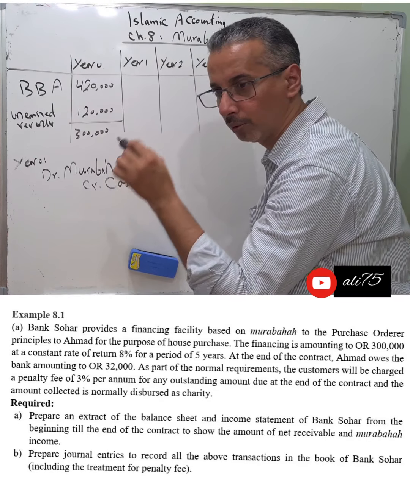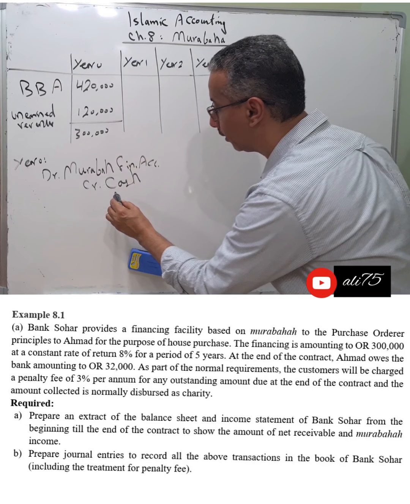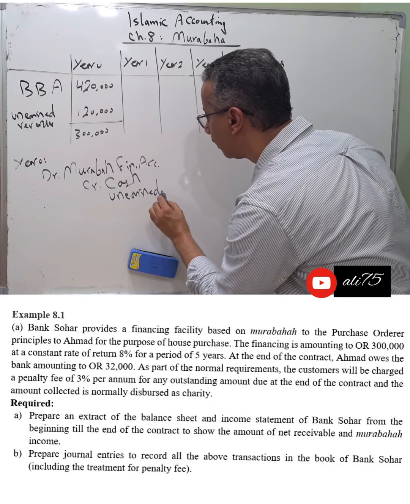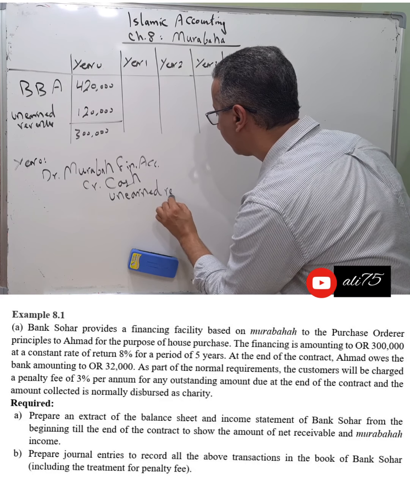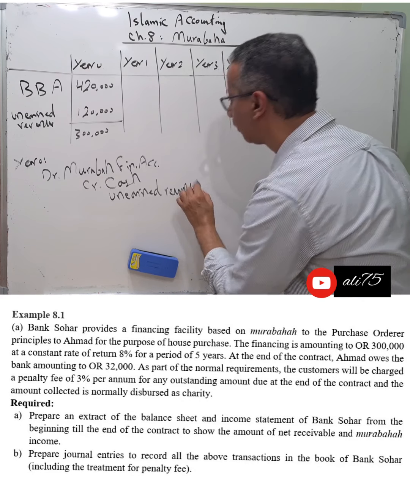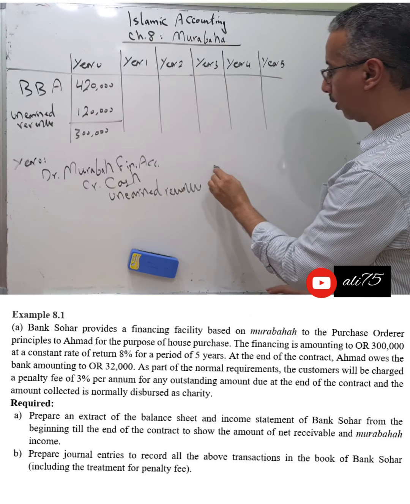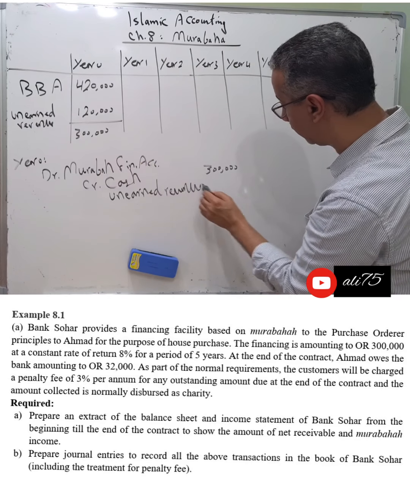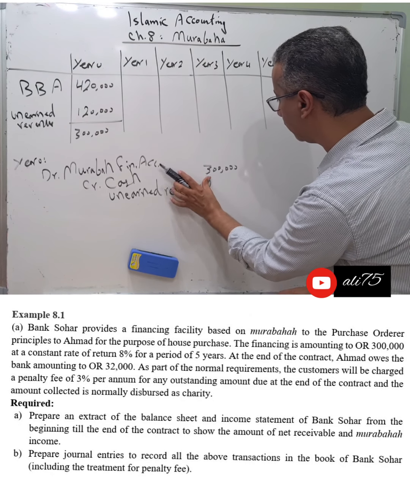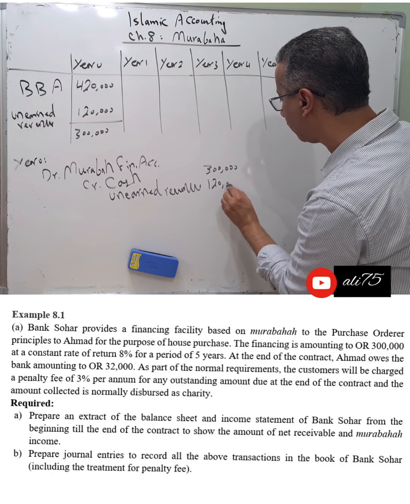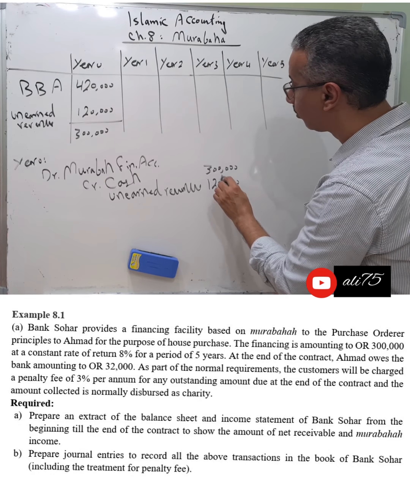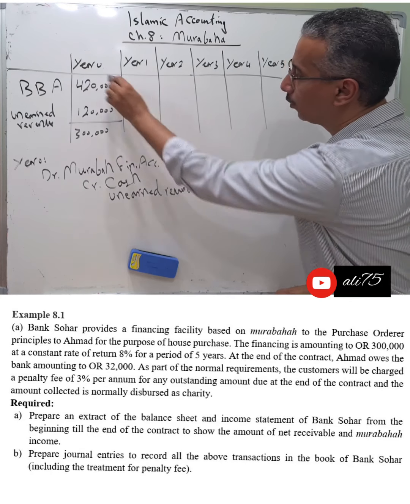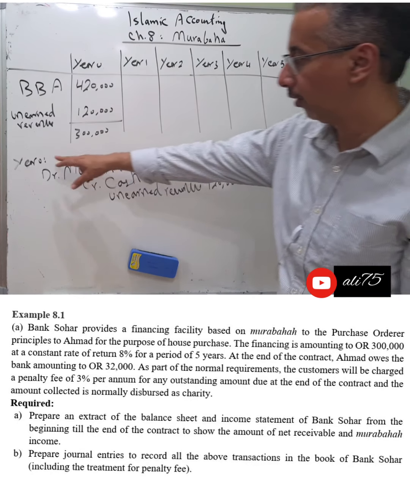As well, we have to recognize our revenue, which is unearned revenue. Cash: the bank will pay 300,000. Revenue, which we calculated, 120,000, at 8%. So the total of them is 420,000, which is clear here. This is the first journal entry.